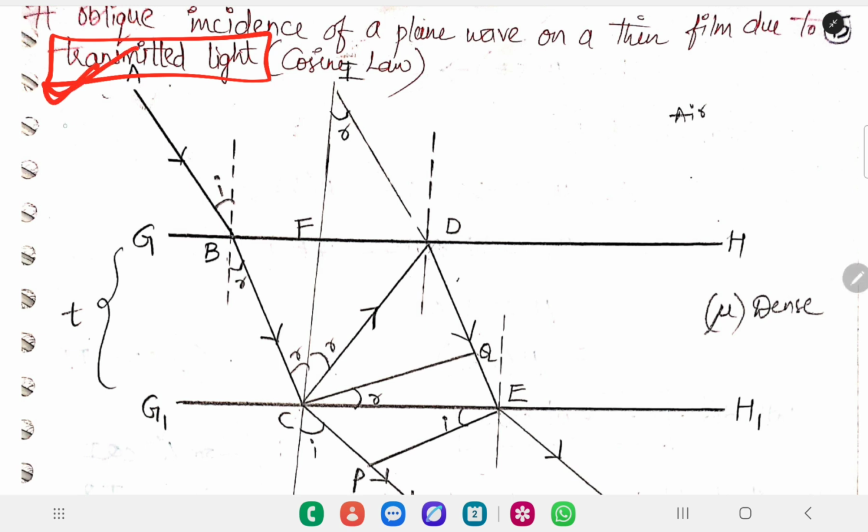For transmitted light, the phase will not change abruptly; it will not suffer any change of pi. You can see the diagram here.